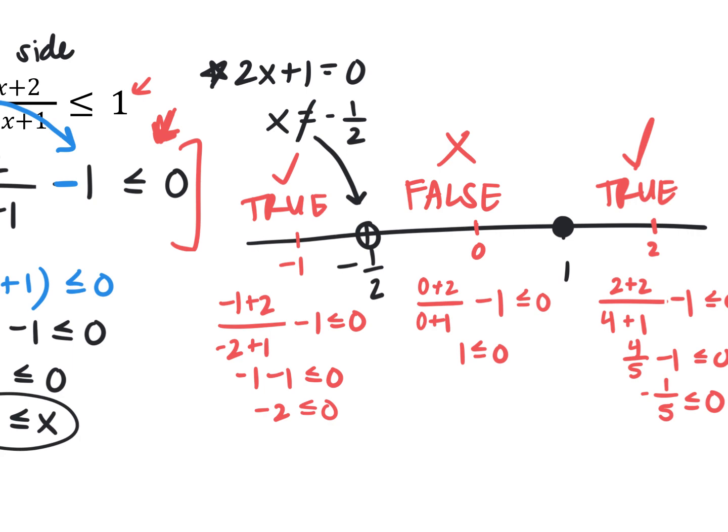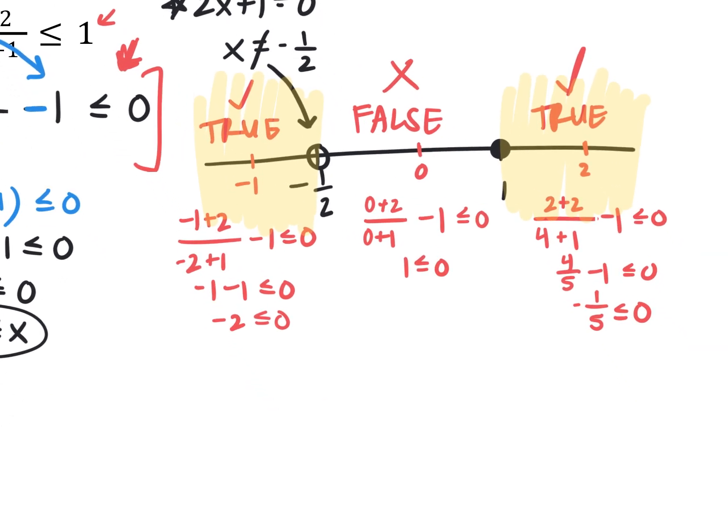Okay, so I know that on the intervals to the left of negative 1/2 and to the right of 1, no matter what x value I plug into my inequality, it's going to make that inequality true. So for our answer, we need to write this as an interval. If I'm doing the left chunk, it'd be from negative infinity to negative 1/2.